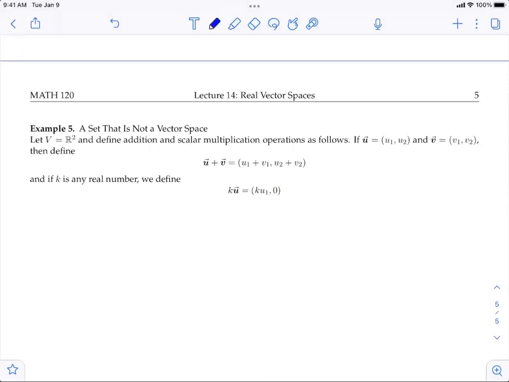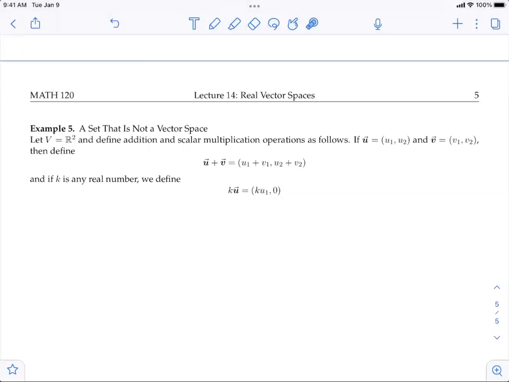But for the scalar multiplication, we define it a little bit differently: k times u is not k times u1, comma k times u2, but this scalar multiplication results in the second component being equal to 0. I don't know what that is, I just know that this is the setup I want to have. And I want to know whether this set forms a vector space or not.